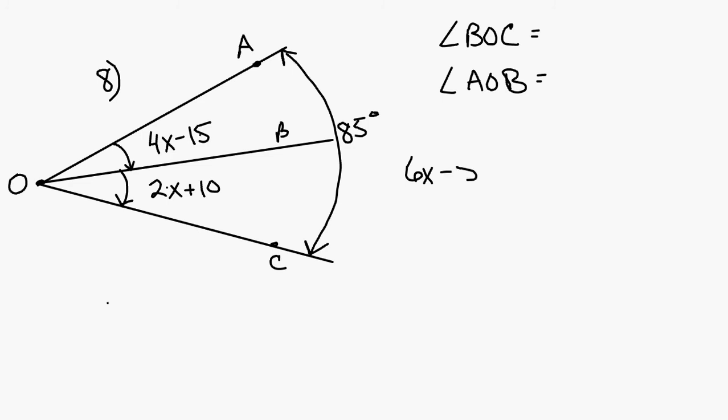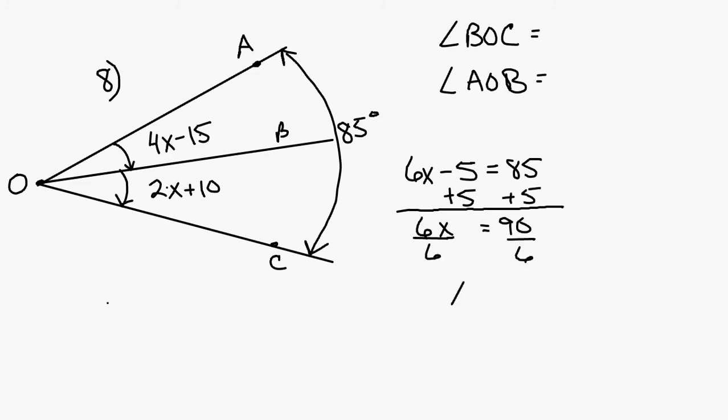So negative 5. And what does that got to equal? 85. So you can add 5 to each side. 6x equals 90. And divide by 6. X equals 15.